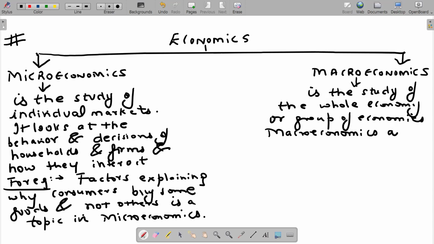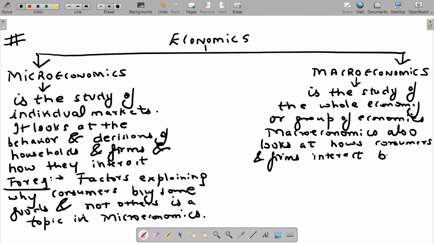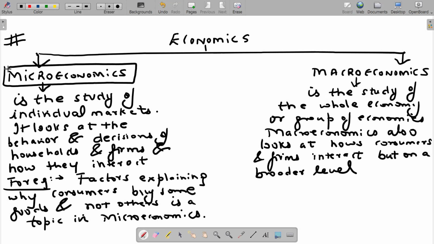Macroeconomics also looks at how consumers and firms interact, but not at individual level now. How consumers and firms interact, but on a broader level. So we are not concerned about individual levels now. Households and firms interacting in one particular market was micro, but households and firms interacting in the whole economy at a much broader level is macroeconomics.